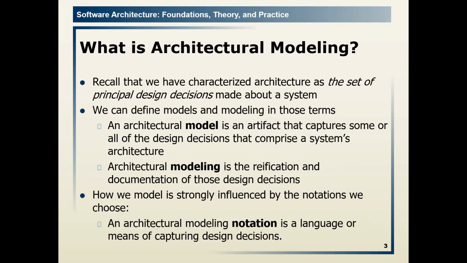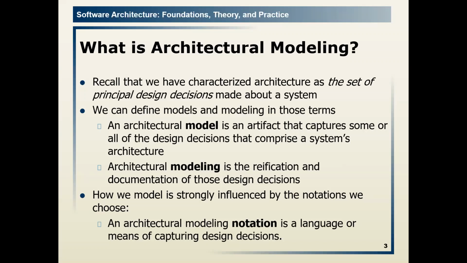So first, let's look at the definition of what architectural modeling is. In the previous lessons, we learned that architecture is a set of principal design decisions, right? So we are not going through all the small design details in architectural modeling. You don't need to specify everything.